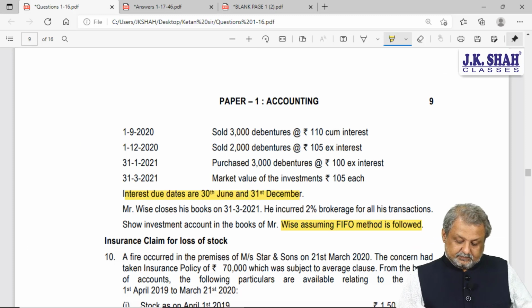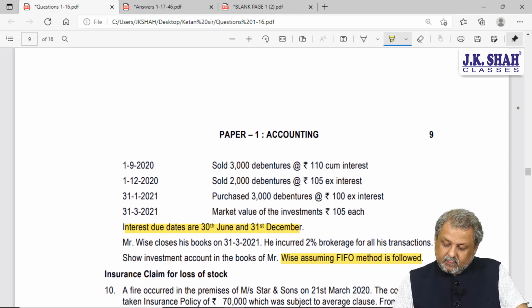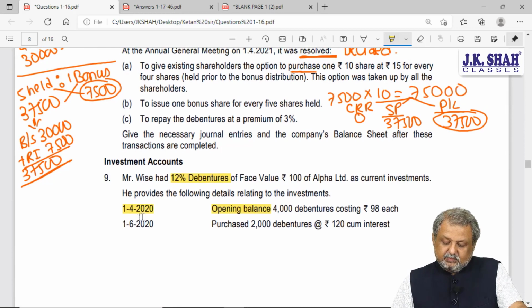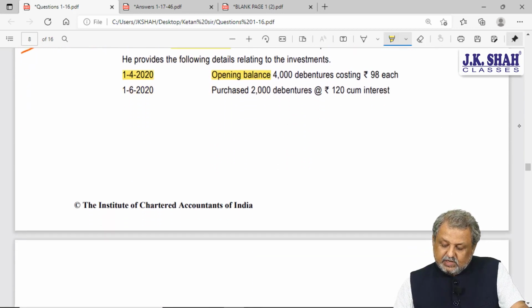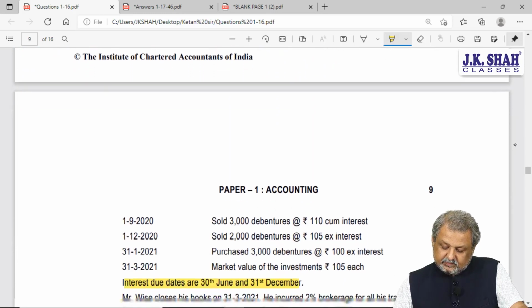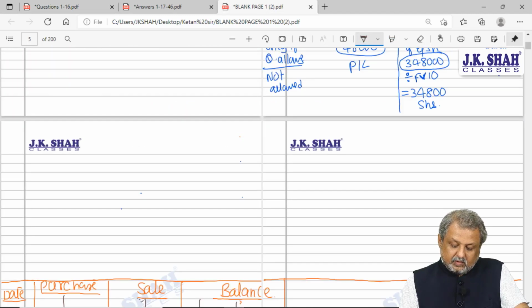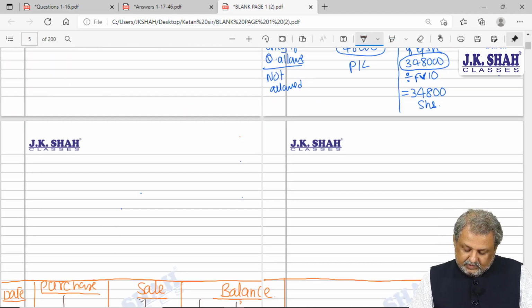So let us start. First April 20 is the opening balance and the interest due dates are June and December. Correct? So, 1st April 20, year starts.